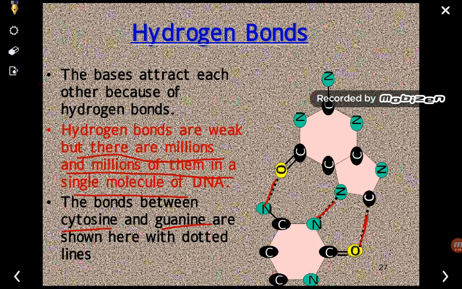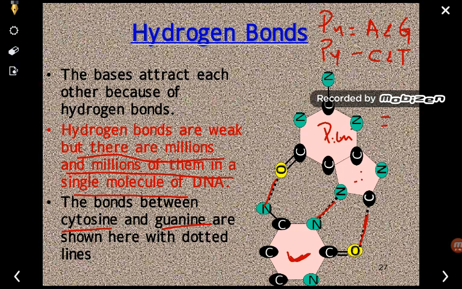We know that cytosine is a pyrimidine, consisting of only one cyclic ring, and guanine is a purine base, which is why it consists of two cyclic rings. Here we can see the guanine, and this is the adenine. This is the cytosine, a single ring compound, and this is the double ring compound. So this is pyrimidine and this is purine.